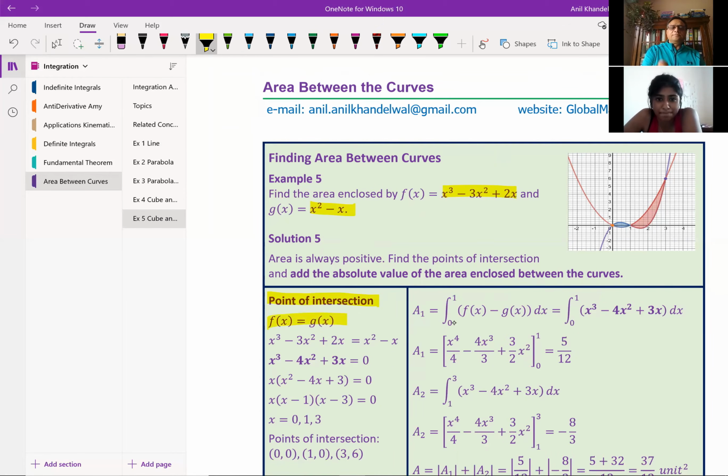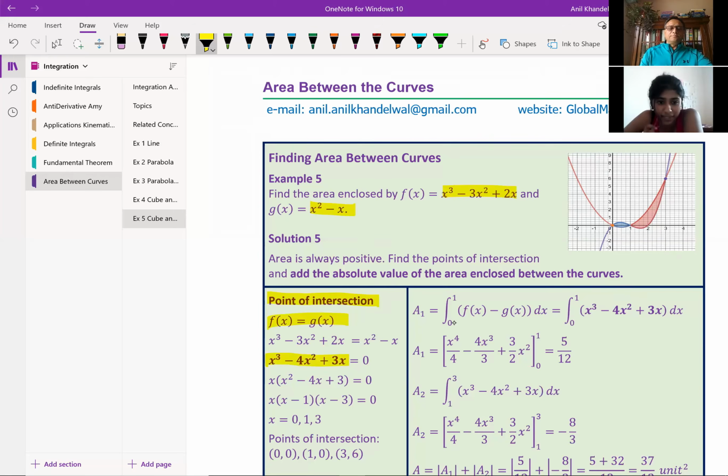Yes. So as you've written, it would be x cubed minus 3x squared plus 2x minus x squared plus x. Simplified, that is x cubed minus 4x squared plus 3x equals 0. Take x out of the brackets, and we get a quadratic, which we can factor.